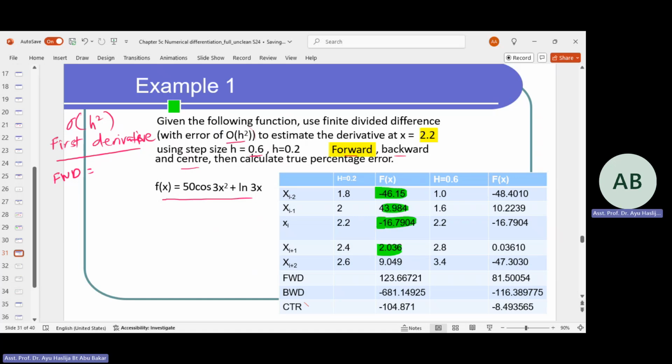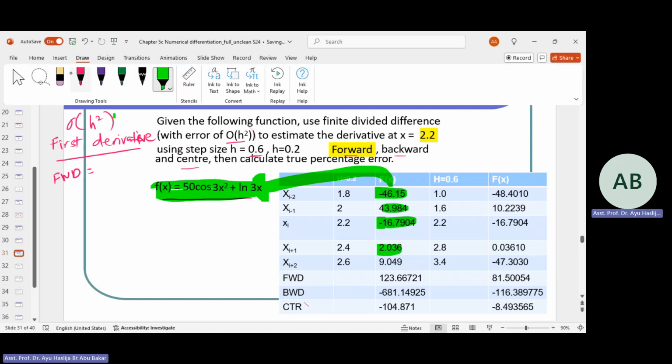How to get this fx if it doesn't give you? Use the function given over here. Okay, the fx is from the function.